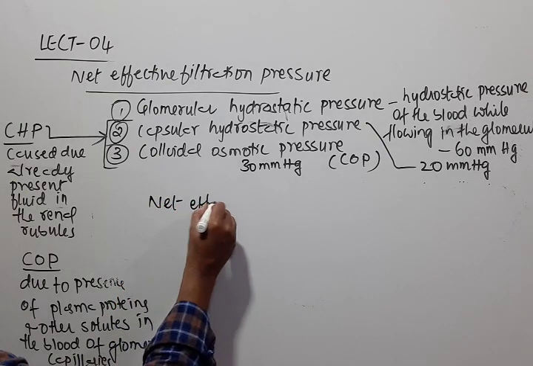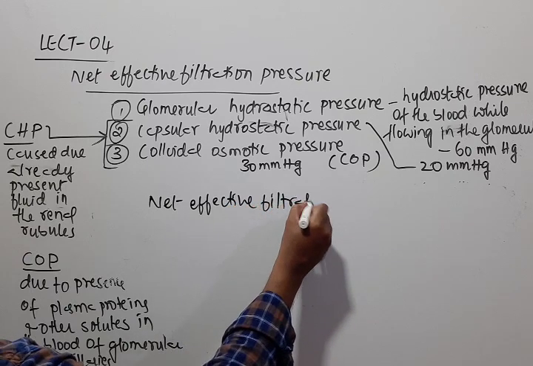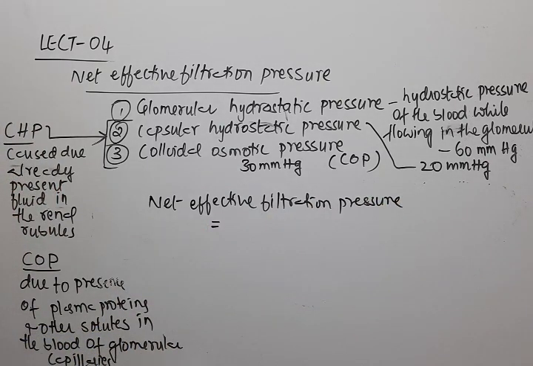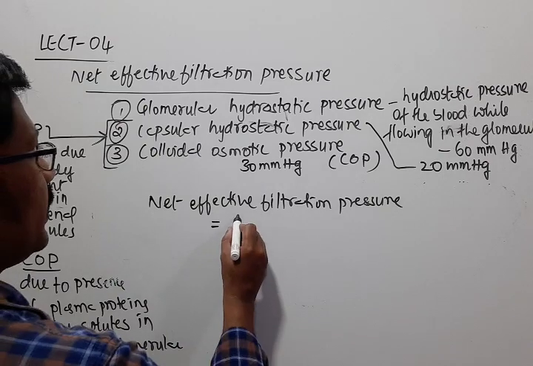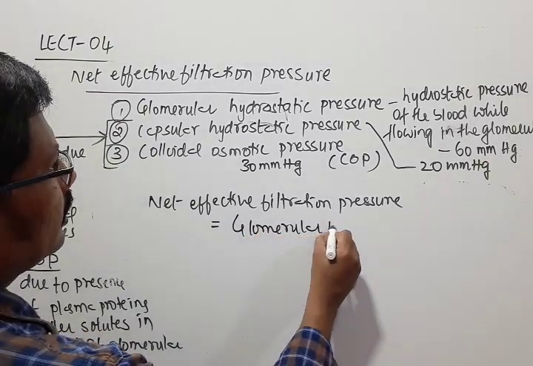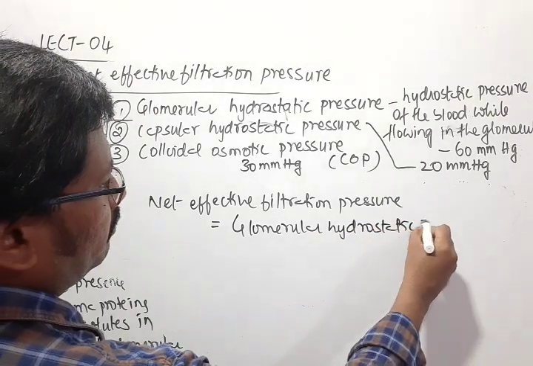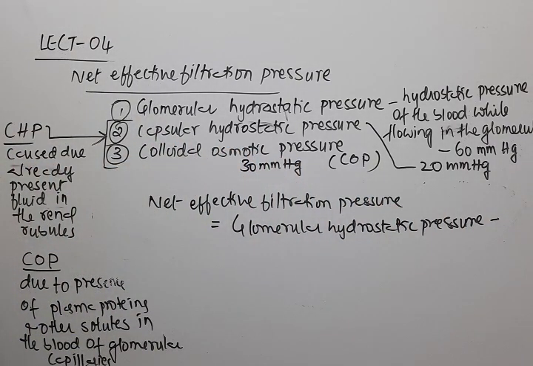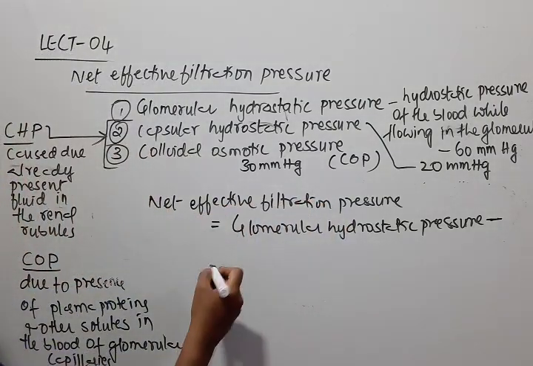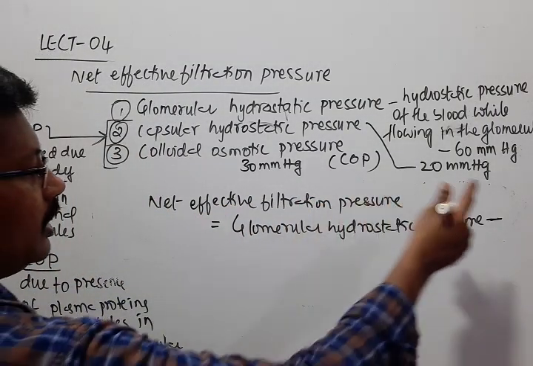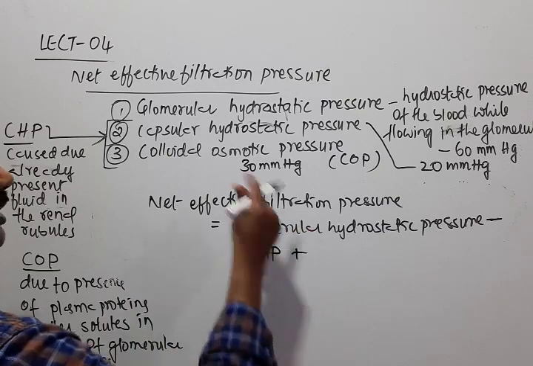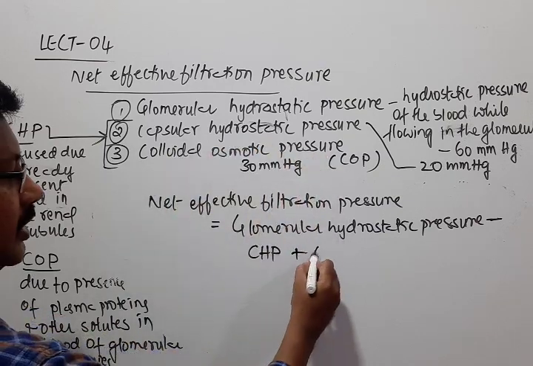Now let's see how we are going to calculate the net effective filtration pressure. The net effective filtration pressure is the glomerular hydrostatic pressure minus, as these two are the opposing forces, you need to remove them collectively, the capsular hydrostatic pressure, that is CHP, plus the colloidal osmotic pressure, that is COP.